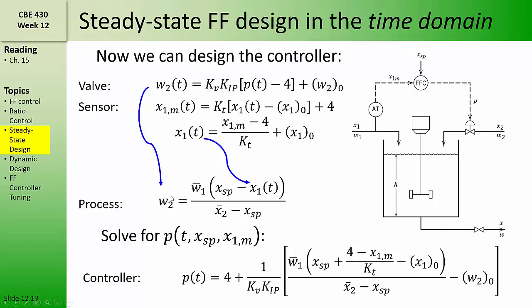Making these substitutions, we can then solve this equation for P, which will appear on the left-hand side after we substitute in for W2. P is the output signal from the controller, and this tells us what P should be as a function of our set point and our measured value for the disturbance X1M.